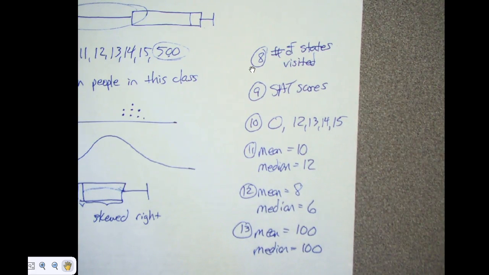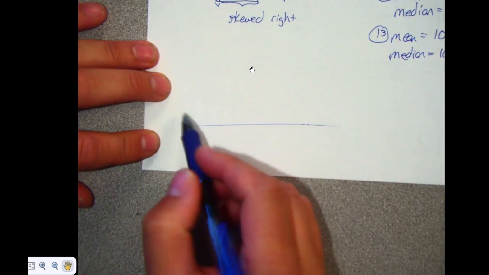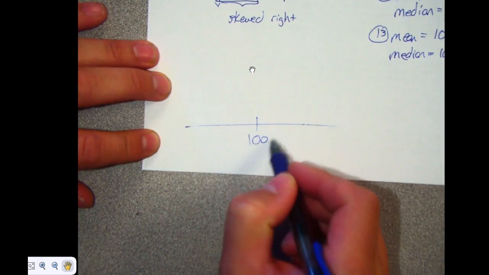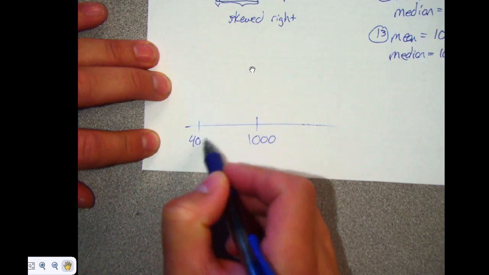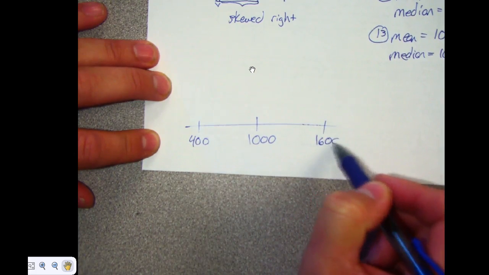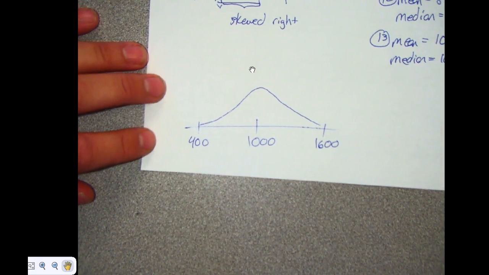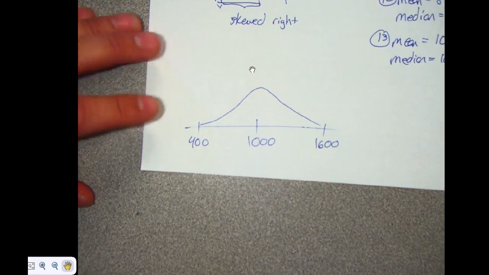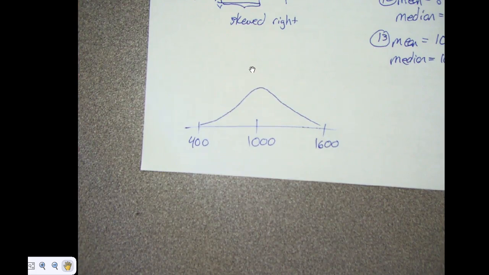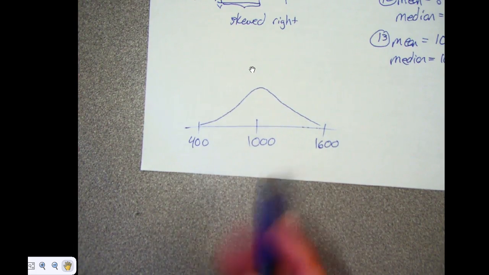SAT scores. So I think what they try to do with those, and I just realized this talking through with David right now, is they try to make it approximately normal around 1,000. But if you were looking at it with the zeros involved, you might have said it was skewed to the right. I think you could have put either there.